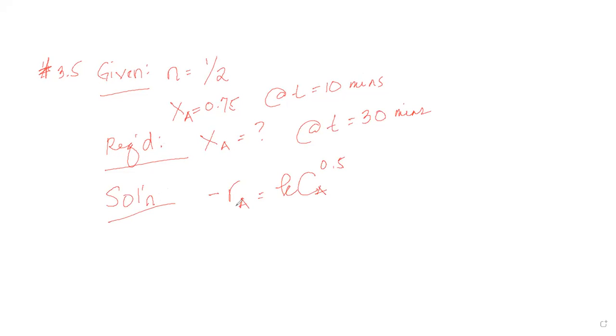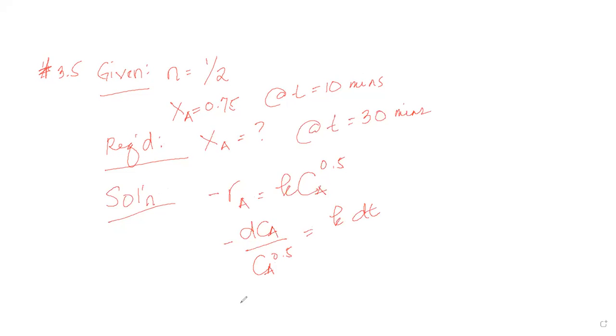If I will represent this rate in terms of the derivative of CA with respect to time, then I can place the CA here, raised to 0.5, and I will place here the dt on the right side, replacing negative rA by negative dCA/dt. Now we will have this particular expression solved.